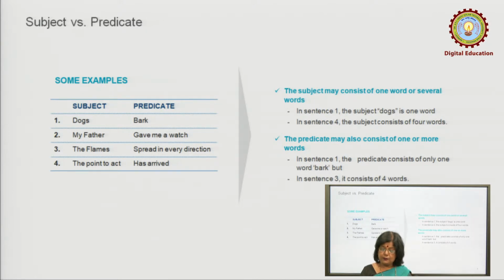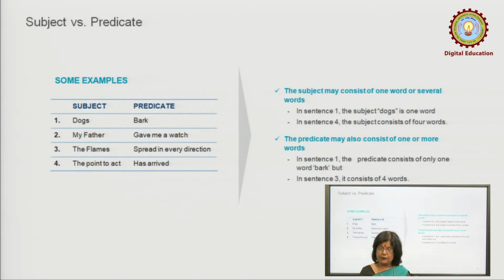Now, the main word, the main subject, is dogs in sentence 1, and the main word is point in sentence 4. The same will happen in the predicate section also. The predicate may also consist of one or more words.